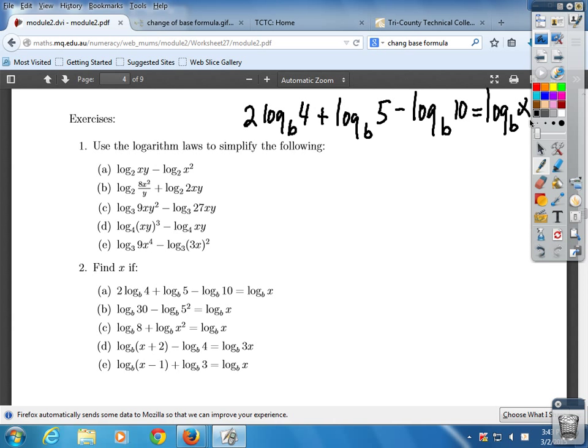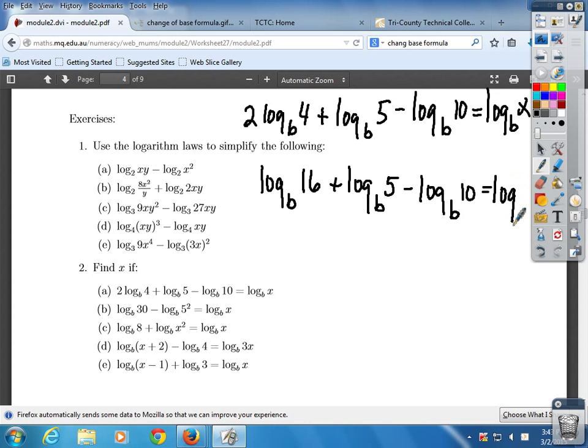So the first thing I'm going to do is bring this out here. So that's going to be log base b of 4 to the 2nd power, 16, plus log base b of 5 minus log base b of 10 equals log base b of x. Now I've got everything to where all of them are log, there's no more exponents, there's no more coefficients out front.